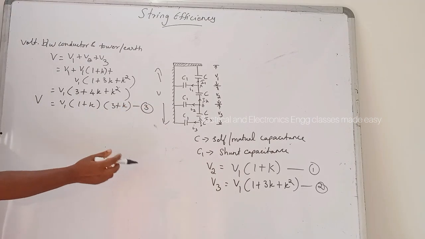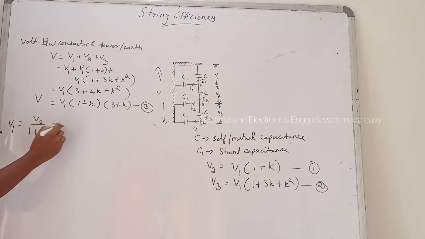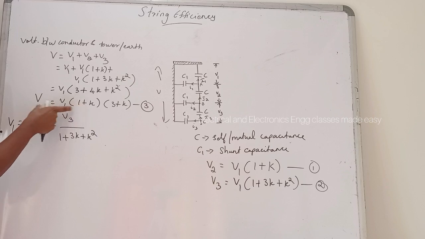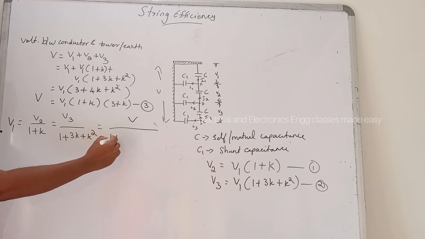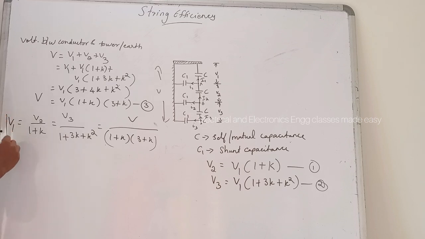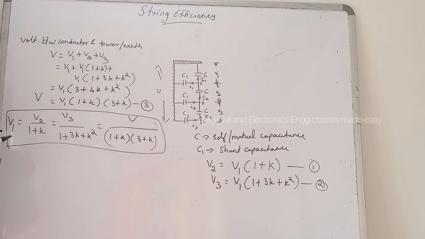So from the first equation we can write V1 is equal to V2 divided by 1 plus K, and also from the second equation V1 is equal to V3 divided by 1 plus 3K plus K square, and also from this equation we can write V1 is equal to V divided by 1 plus K into 3 plus K. So this is the relationship between the voltages across each disc and the total voltage. It is voltage across the string.